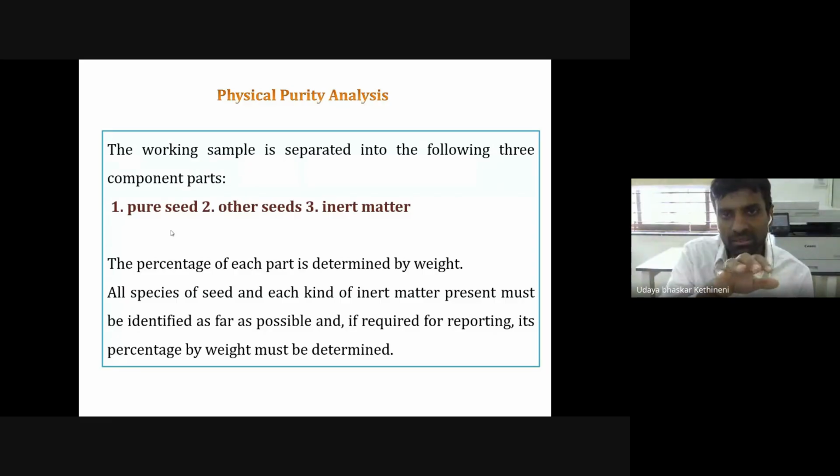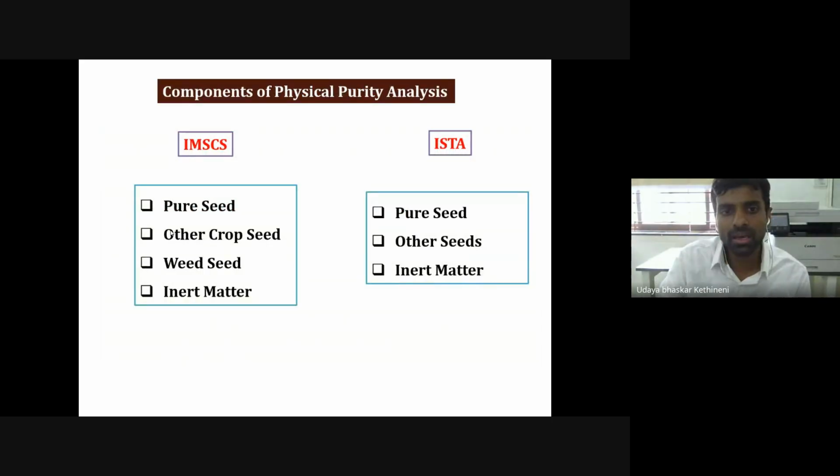Normally in purity analysis, the components are pure seed, other seed, and inert matter. Whereas in the Indian context, as per IMSCS, other seeds is again bifurcated into other crop seeds and weed seeds. So here we have four components: pure seed, other crop seed, weed seed, and inert matter.